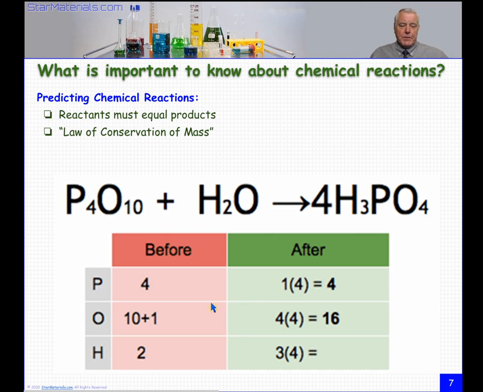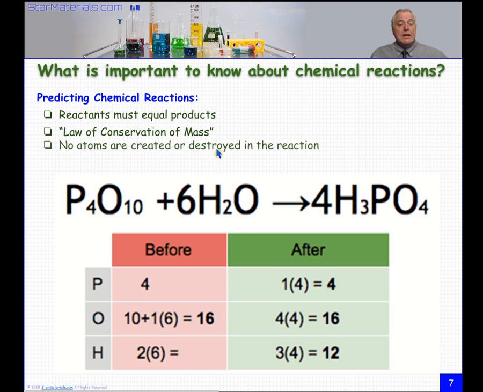This is going to keep going on until you find out that the number before and the number after are going to be equal. 4 before, 4 after. 16 before, 16 after, 12 before, 12 after. It's got to do with the math, and we'll talk about that in a little.